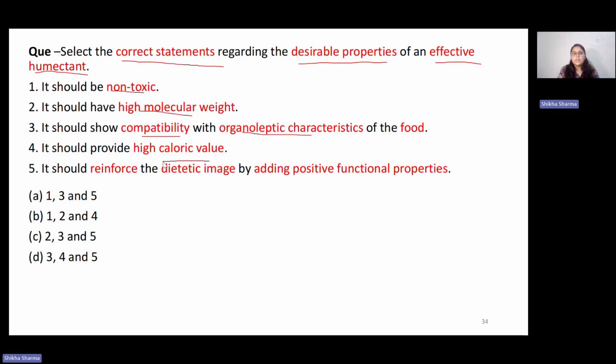It should provide high caloric value, and it should reinforce the dietetic image by adding positive functional properties. So we need to tell which statements are correct, and which are desirable properties of a humectant.